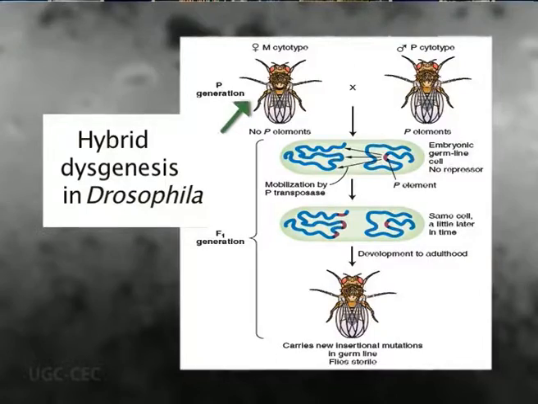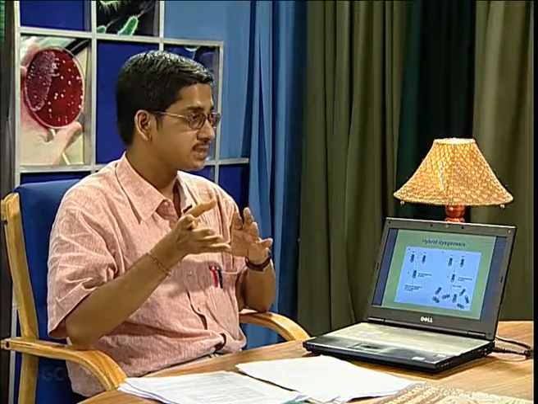Hybrid dysgenesis is a phenomenon where, if you cross a female of a lab strain to a male from a natural population, the first filial generation was alive, but there were issues of sterility and chromosomal aberration, and this appeared again in the F2 progeny. So there was no progeny, and even if there was some progeny, it died. It was lethality. So something dramatic was happening in the body of the F1 individual, which resulted in this.